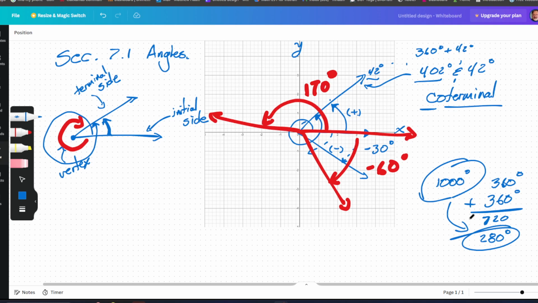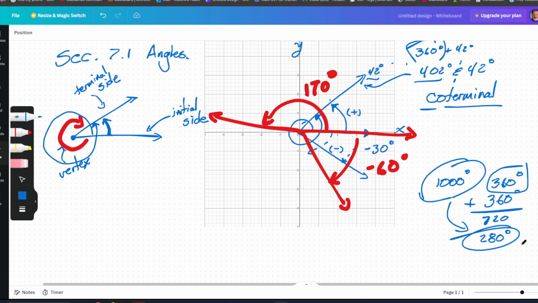You can always create a coterminal angle by either adding or subtracting a full rotation worth of angle. Now, do notice I said full rotation, not 360 degrees. 360 degrees is a full rotation in degree measure, but we will talk about other ways to measure angles. So from whatever measure you have, you add or subtract a full rotation and you'll get a coterminal angle.